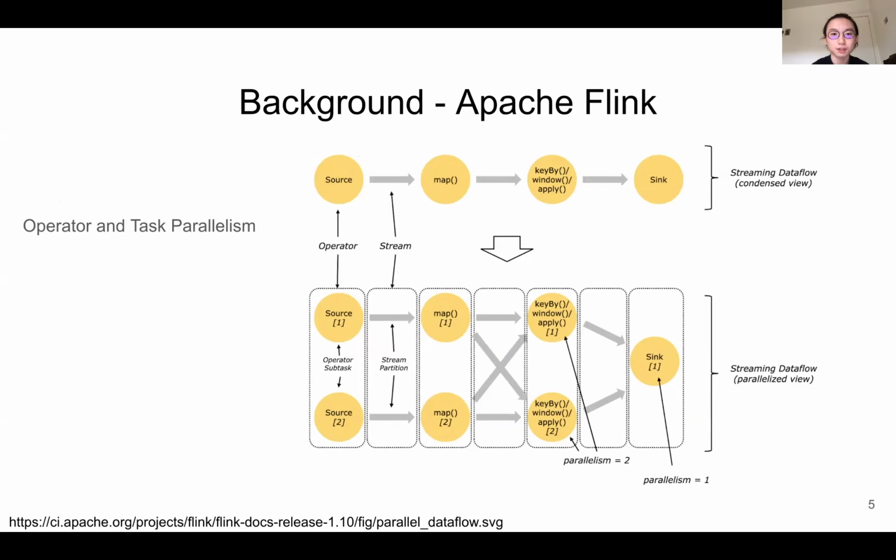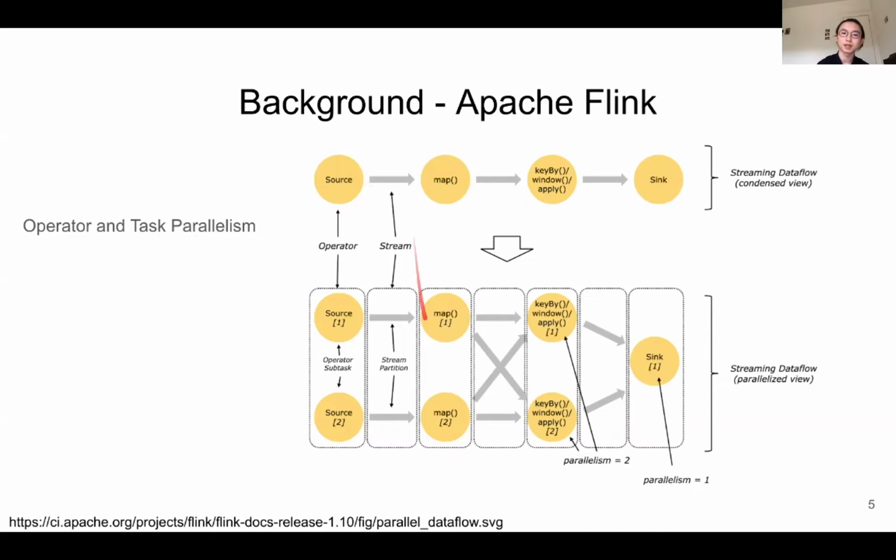One thing I would like to emphasize is that inside Apache Flink, the parallelism management system is quite useful for our solution. They have implemented operator and task level parallelism. You can see here the graph on the top. This is a job graph that can be specified by the user. You can specify the operators and their transformations inside of each operator.